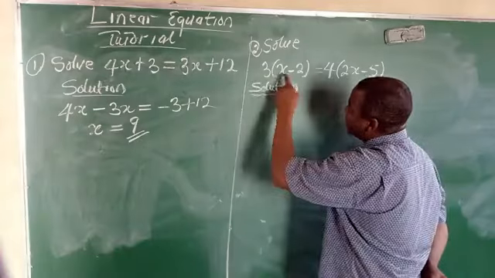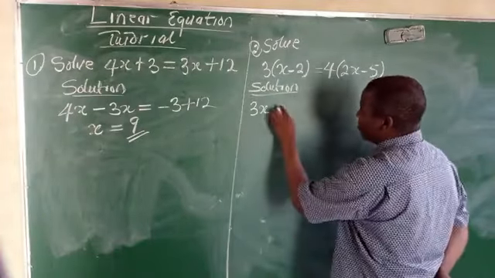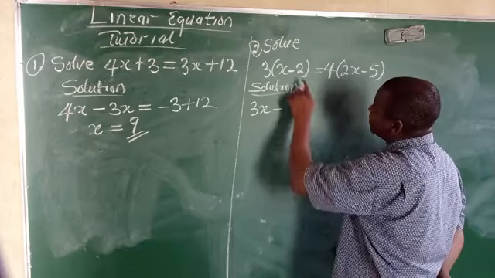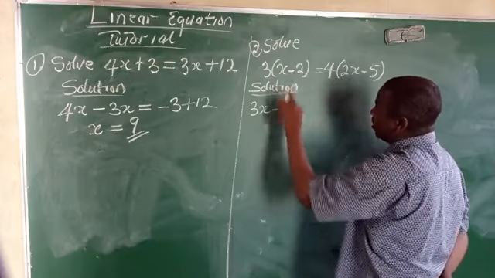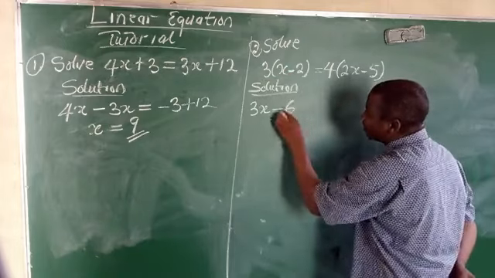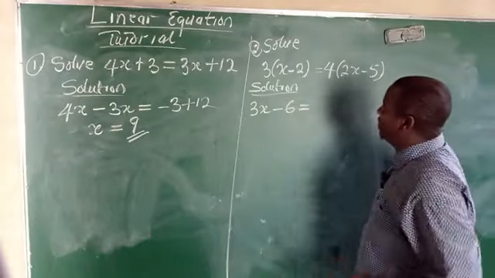Therefore, 3 times x gives us 3x, minus 3 times 2, because we have minus here already and we put it here. 3 times 2 gives us 6. Then we write our equality sign.